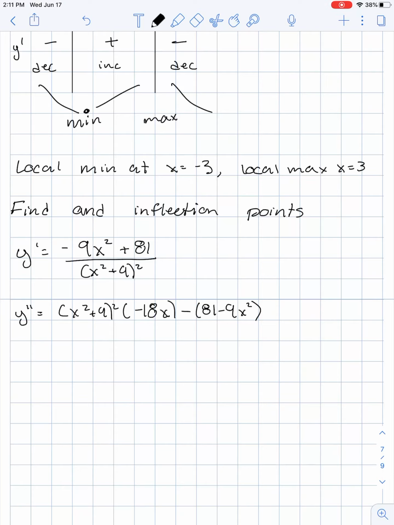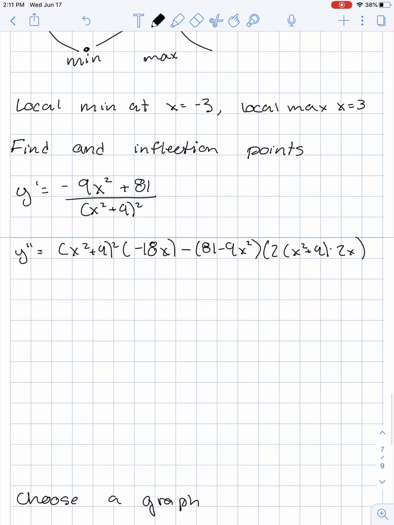So low d high minus high d low, so that's going to be 2x squared plus 9, derivative of the outside of the inside still the same, times the derivative of the inside, 2x. That's a lot easier to take the derivative instead of foiling that and then taking power rule, in my opinion. And then this is all divided by x squared plus 9, that quantity squared. So we'll just make that to the fourth.